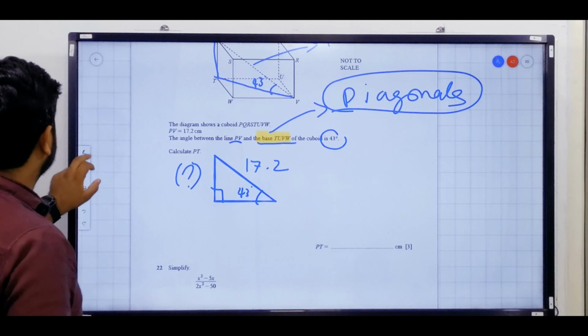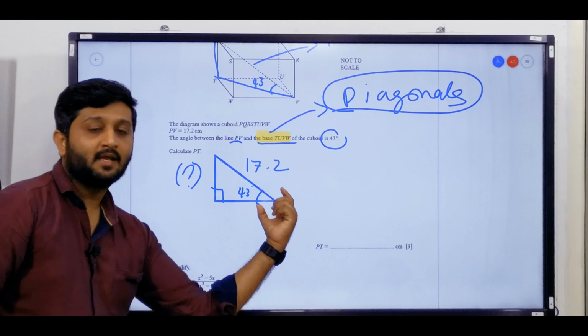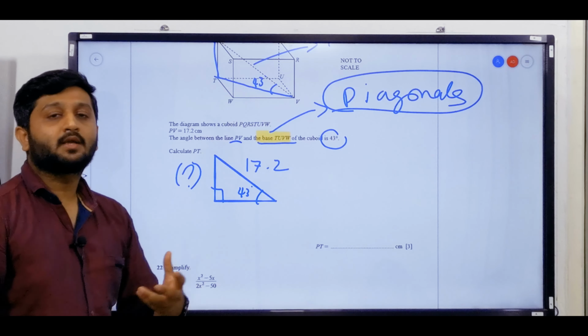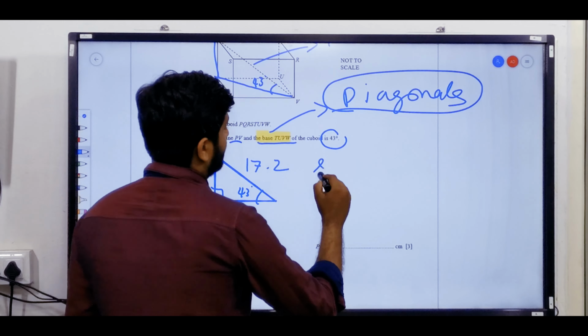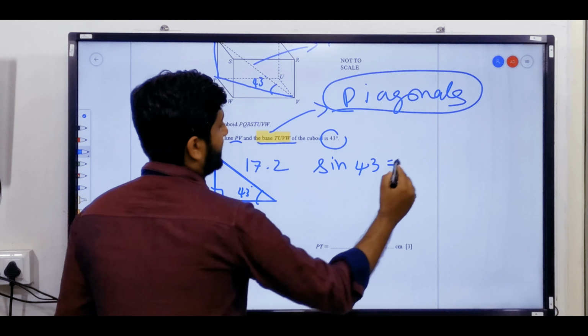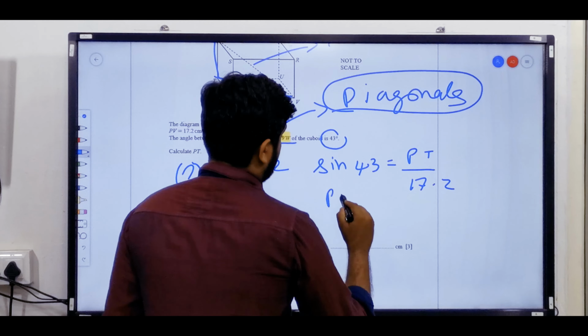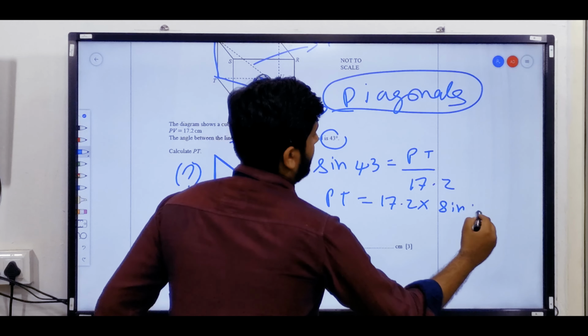Now in order to find this PT, as you can see, this is the angle and this is the side which is opposite to the angle, and what else is given to us? We have been given the hypotenuse. So we'll use sine theta equals opposite, which is PT, upon hypotenuse. So PT will be 17.2 into sine 43.